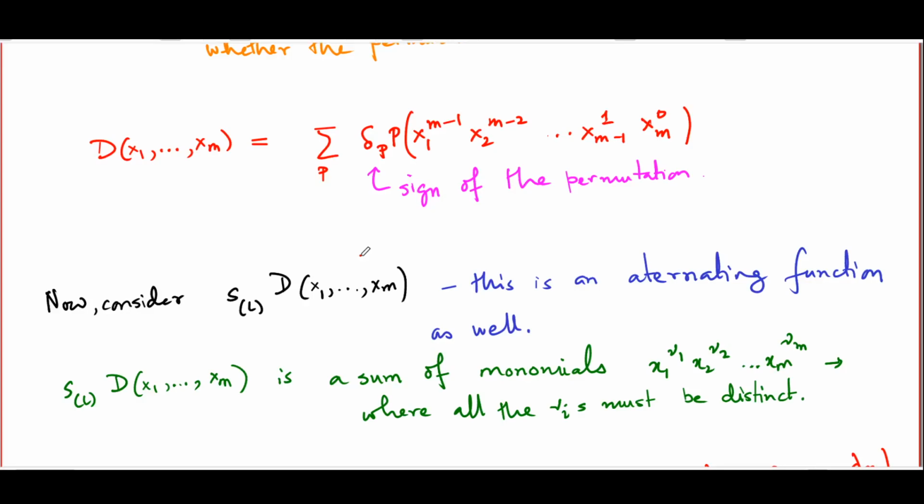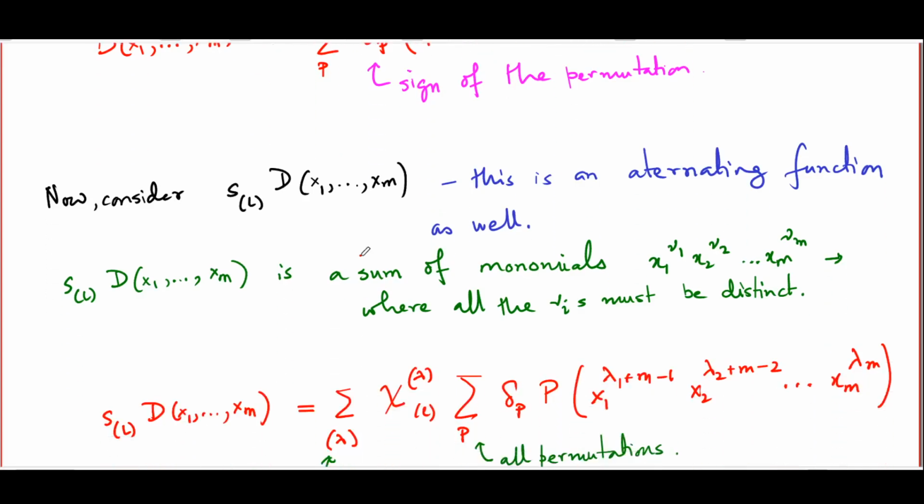Therefore, each and every one of these terms that we are talking about in S_L D must have powers of x which sum up to m into m minus 1 by 2 plus n. And as we have just said, we are going to put them in descending order for a typical term.